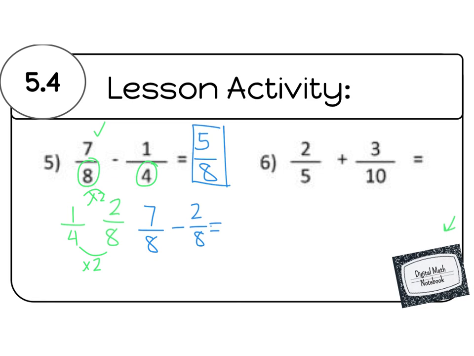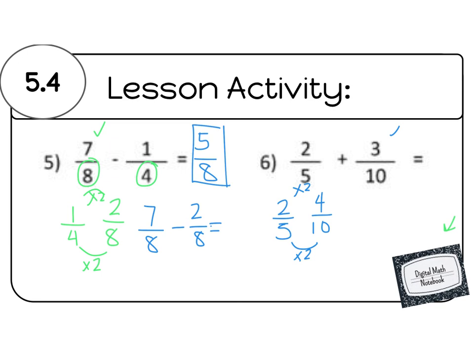All right, what about number 6? I'll get you started on this one, and then you'll finish. So let's see. We have 5 and 10. We can leave 3/10 and change 2/5 into something over 10. That would be multiplying by 2. 5 times 2 equals 10. So then 2 times 2 equals 4.